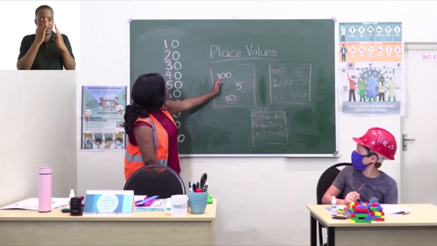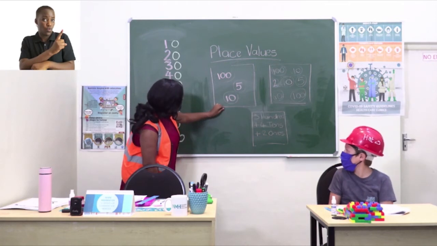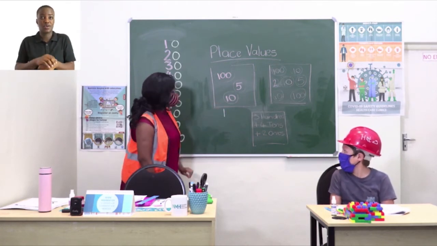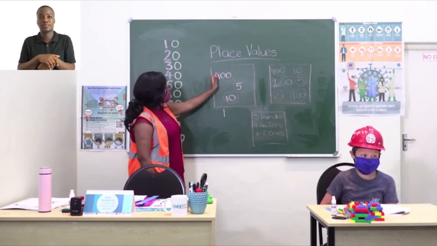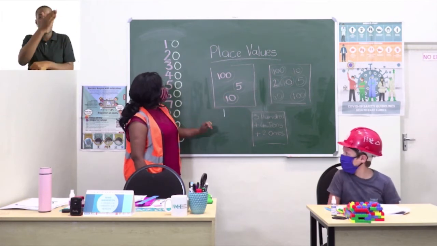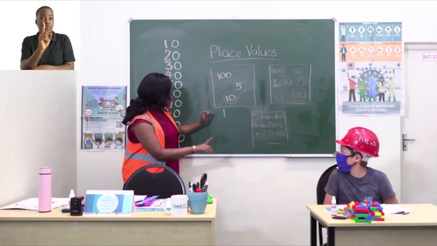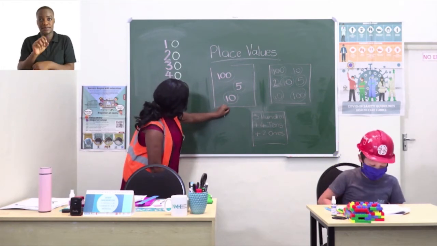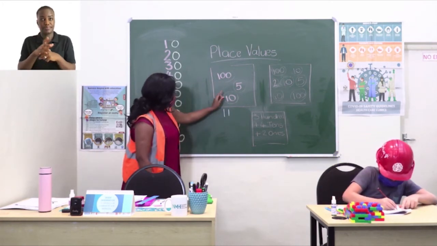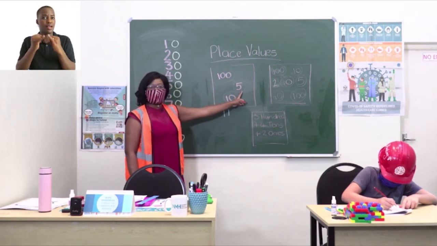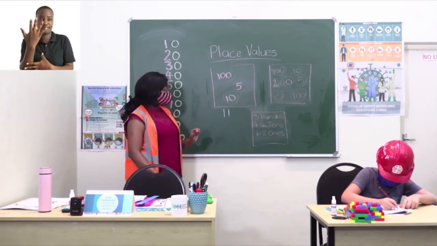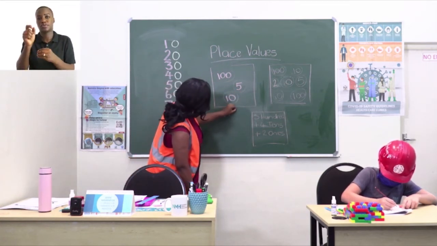We have 100, so we are going to write our 1. And then the next one is tens. We have only 1 ten. So can you please write 1? The last one is only 5. So we are going to write 5.